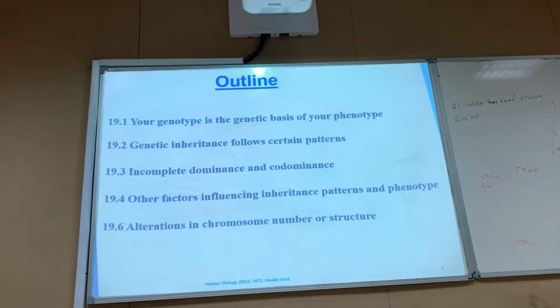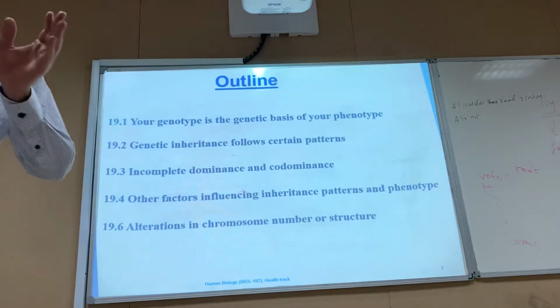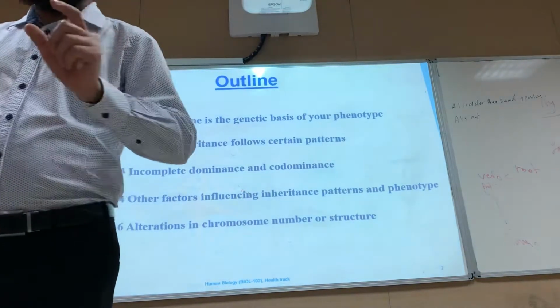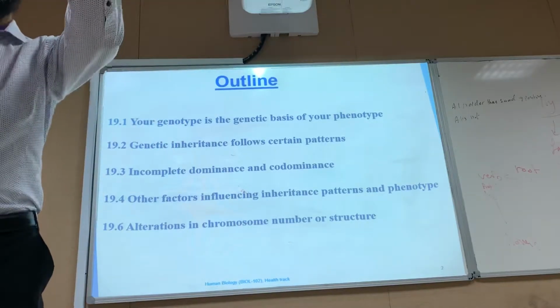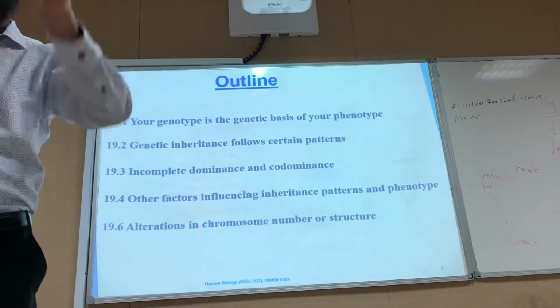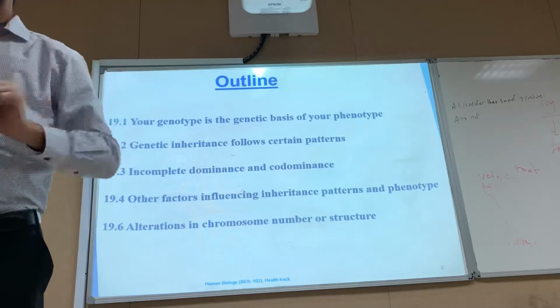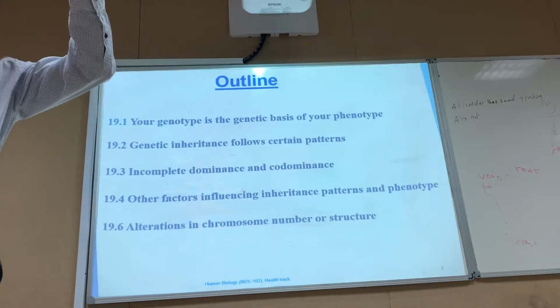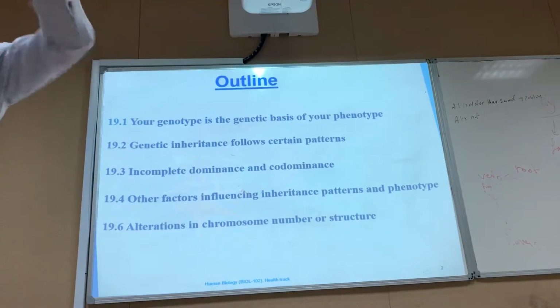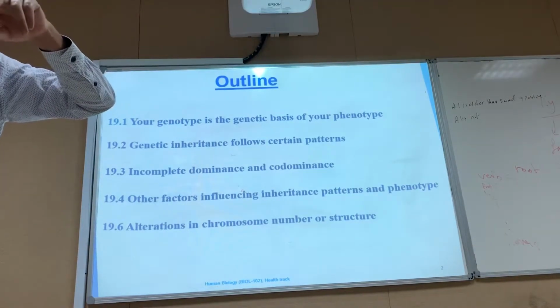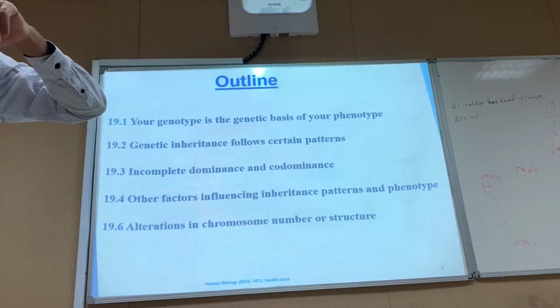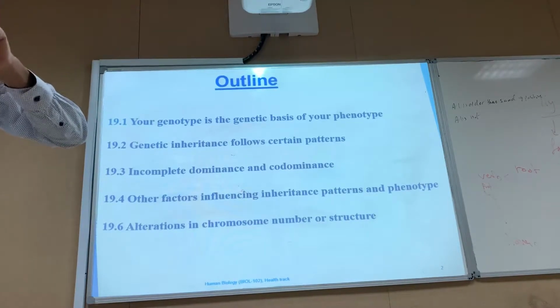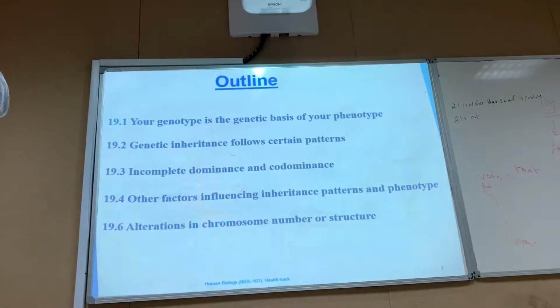The other law is the law of independent assortment. Remember we studied last week how the chromosomes can line up independently of each other when you're looking at more than one characteristic. We have 23 pairs of homologous chromosomes lining up in meiosis 1, remember?